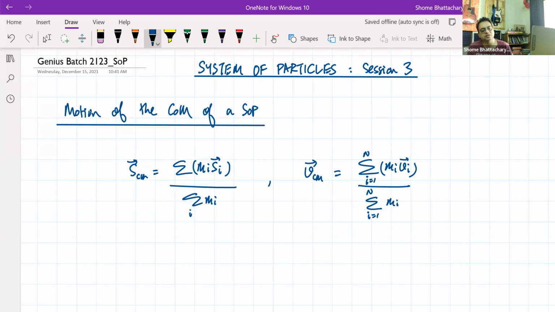Now from this we can see the next thing, that is, how to define the acceleration of the center of mass if it is accelerated. The same kind of method: apply the definition of acceleration as the instantaneous rate of change.